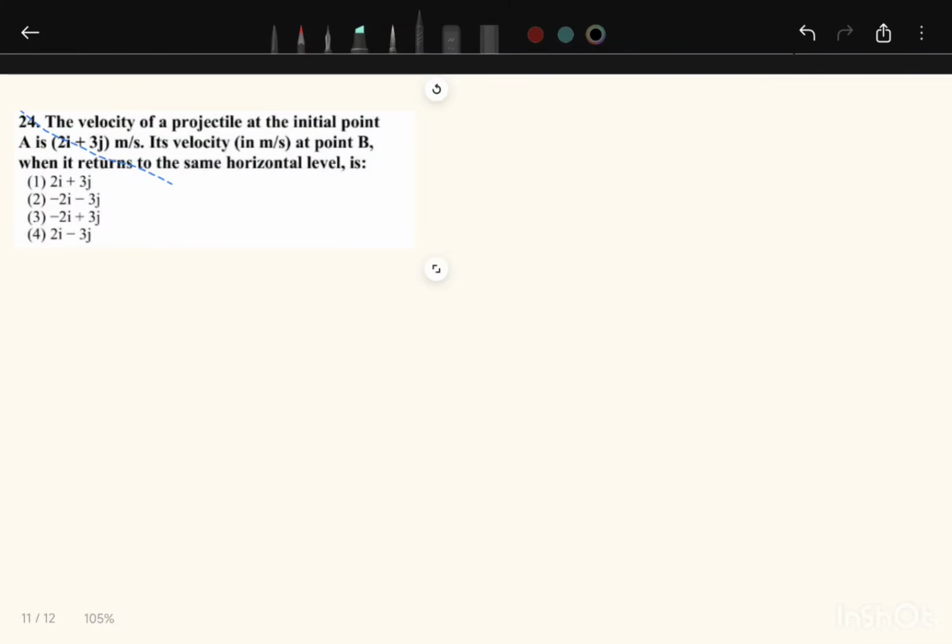So question number 24 is saying the velocity of a projectile at the initial point is 2i cap plus 3j cap, right? And what is its velocity at point B when it returns to the same horizontal level? So let me just draw. Let's suppose this is its initial velocity u, right?